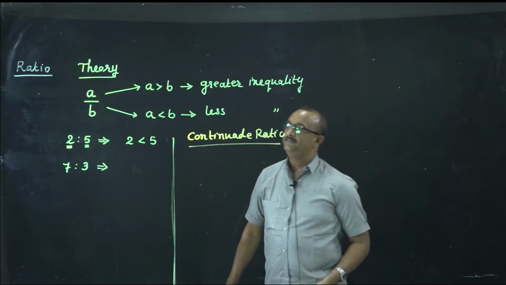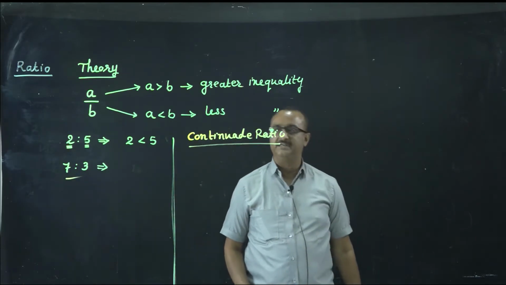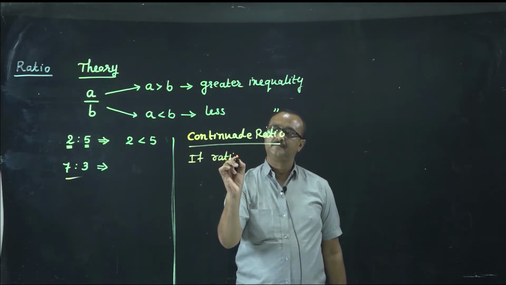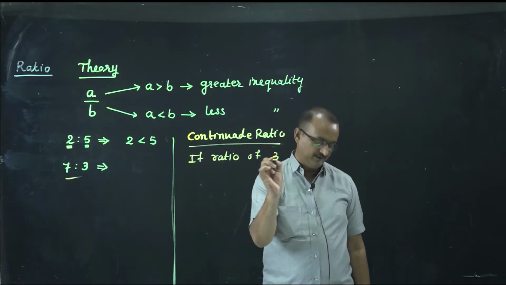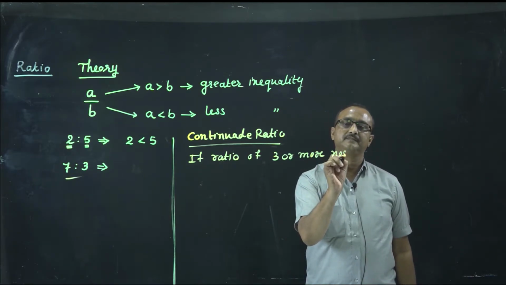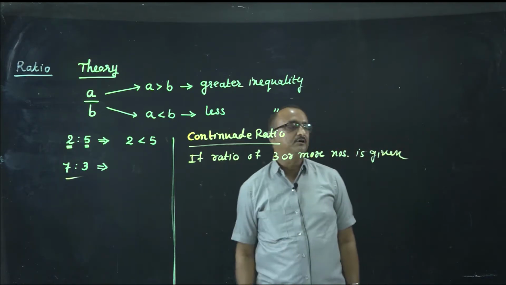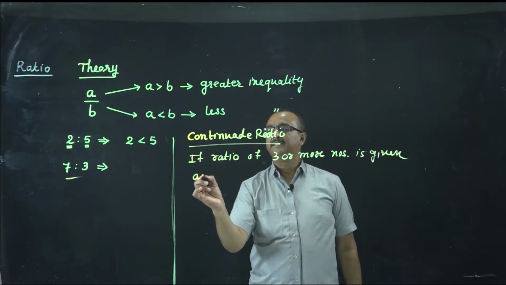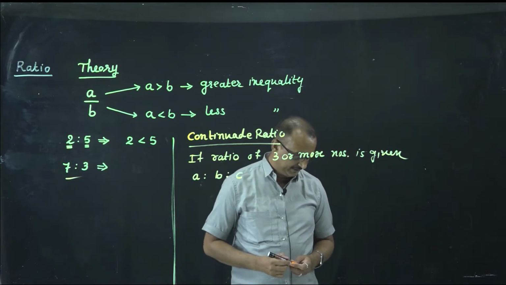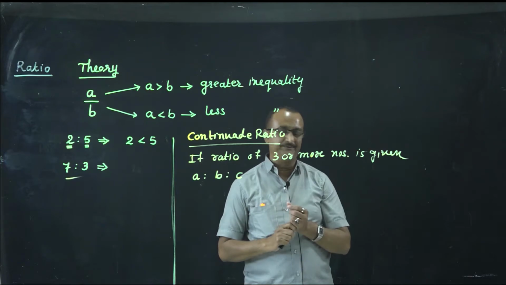Okay. If two terms are given, it is called a ratio, but if the ratio of three or more numbers is given, it is called continued ratio. For example, A is to B is to C is called continued ratio. Okay. Now we are taking one example for continued ratio.